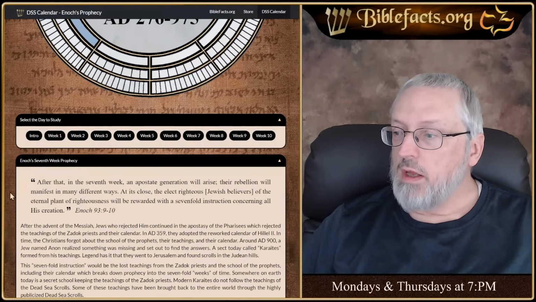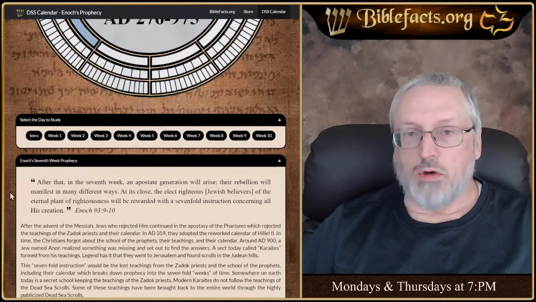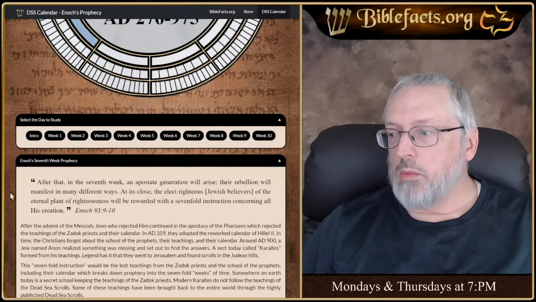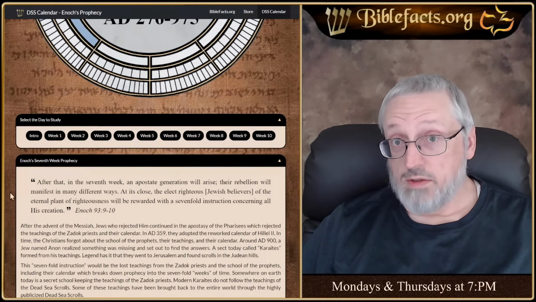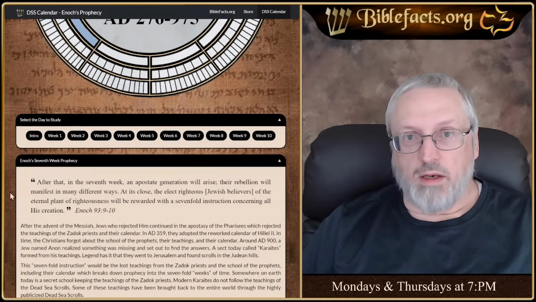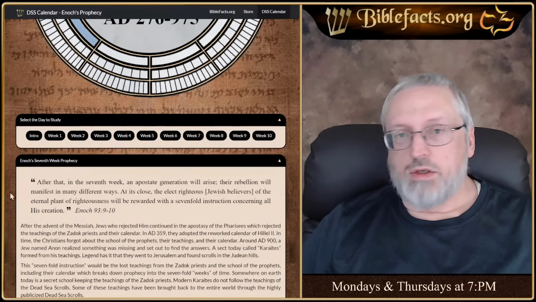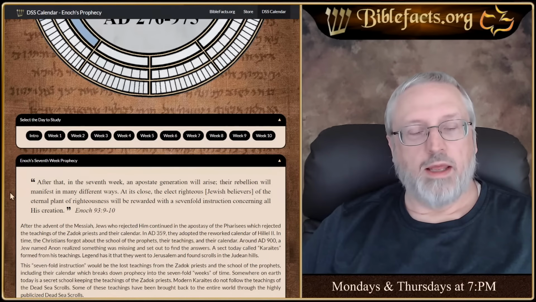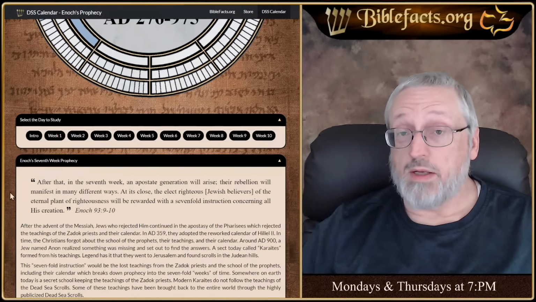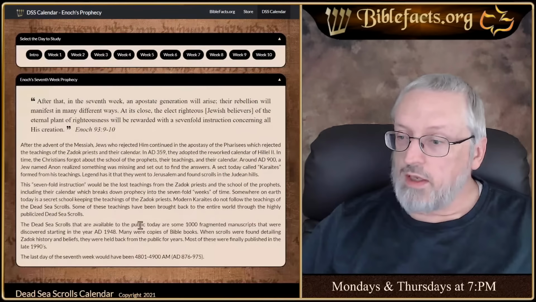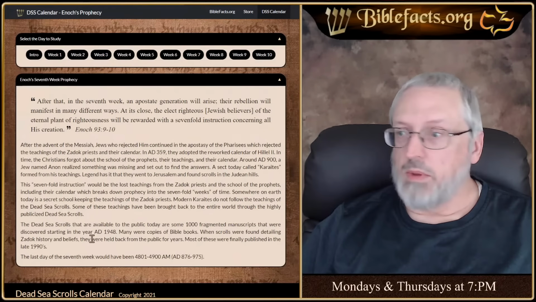"At its close, the elect righteous of the eternal plant will be rewarded with a 7-fold instruction concerning his creation." And that's been debated a lot, what exactly that means, and it still needs more study. We had Josh Peck on here a ways back, and he gave his theory on it. Very good possibility. And that's basically what we talk about here, is what it might be.